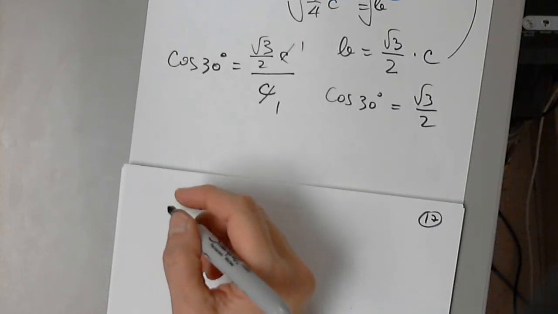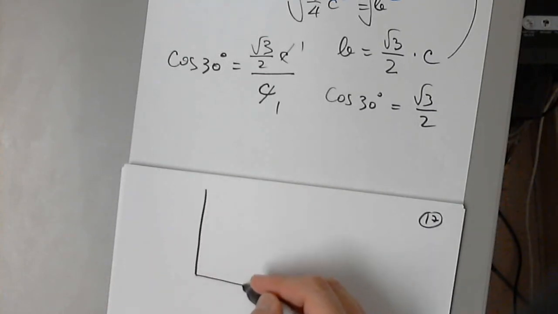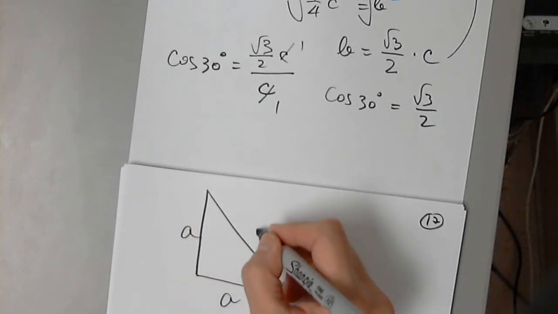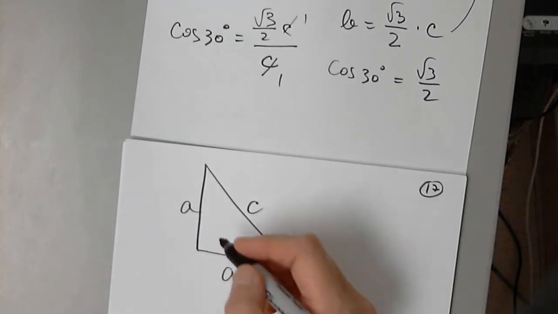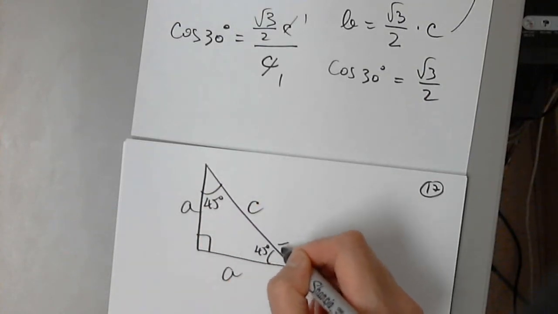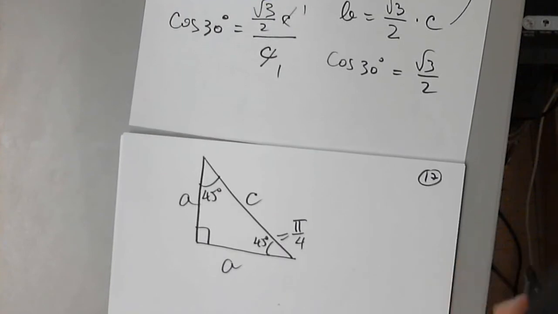So let's take a look at an isosceles right triangle, with sides A, A, and C, and angles 45 degrees, 45 degrees, or pi over 4.